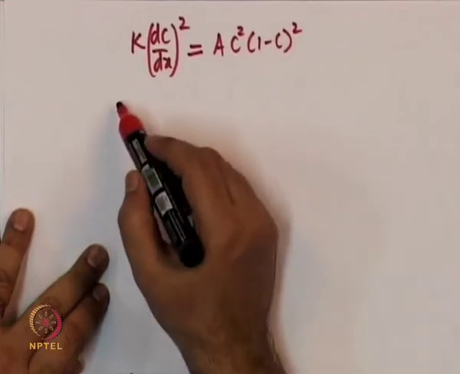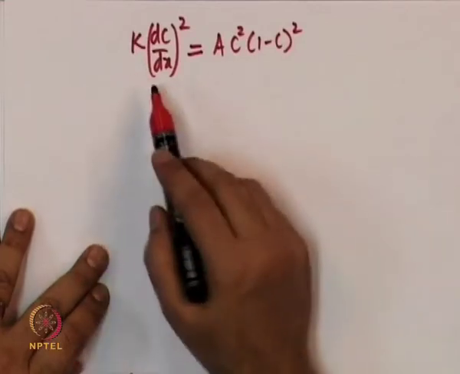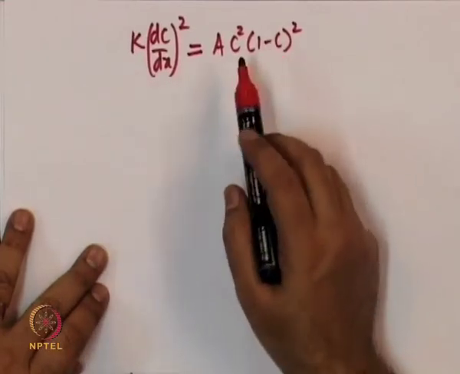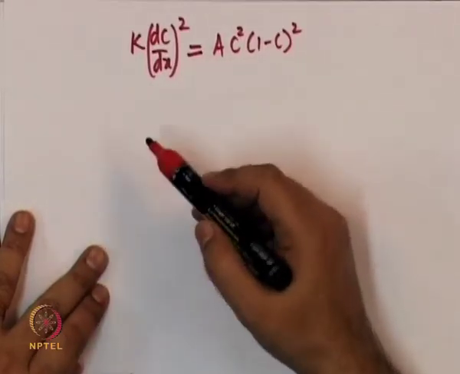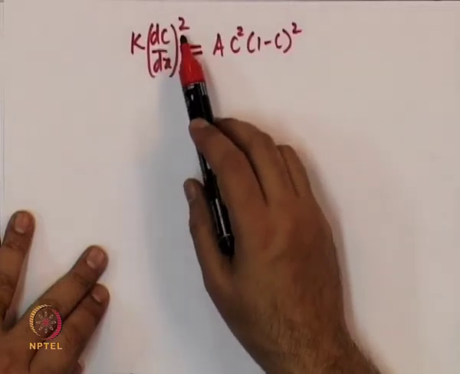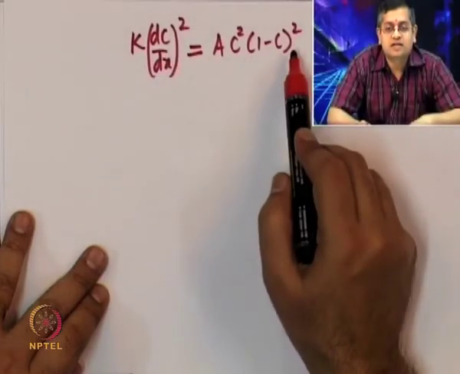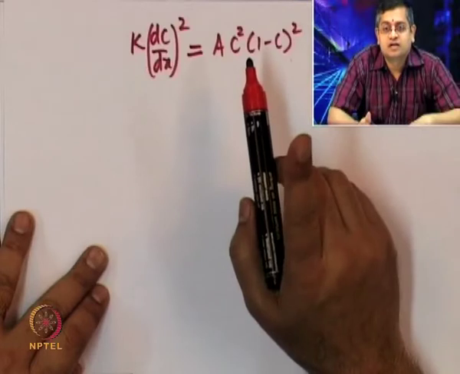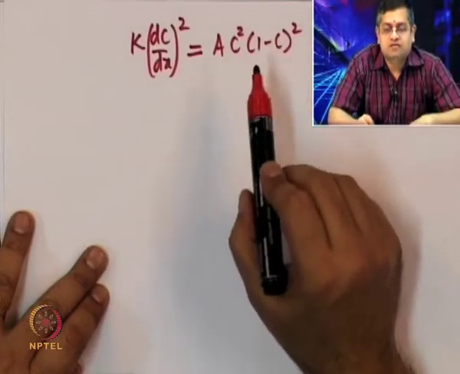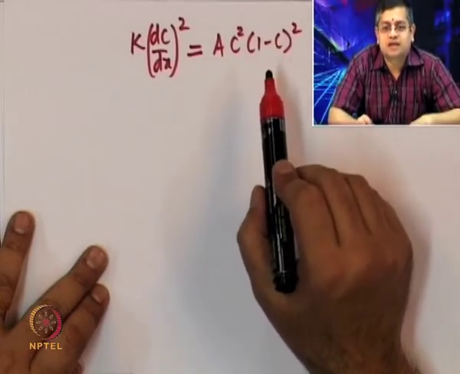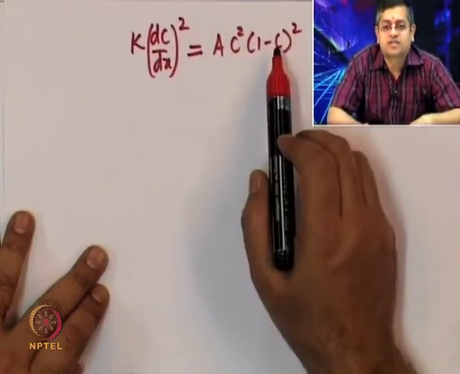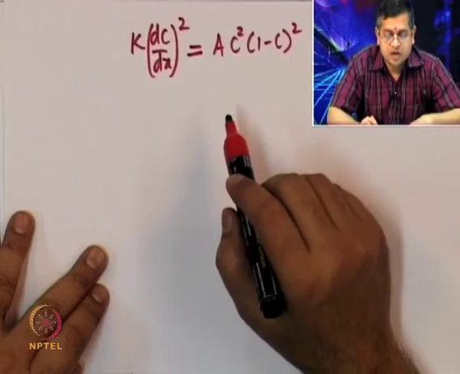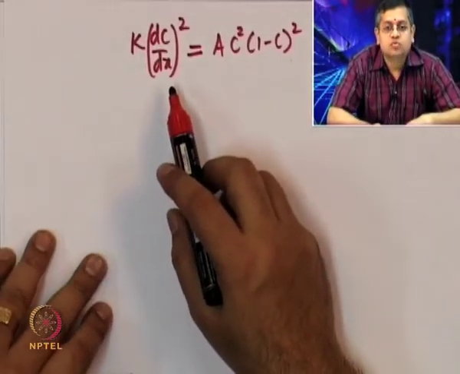In other words, the interface free energy has two terms, they should be equal, and this is what we found numerically. When we calculated the interfacial energy by integrating, we found that the kappa dC by dx squared term and the A C squared 1 minus C squared term were equal. Both were, for example, 0.16, and finally they led to an interfacial energy of 1/3.